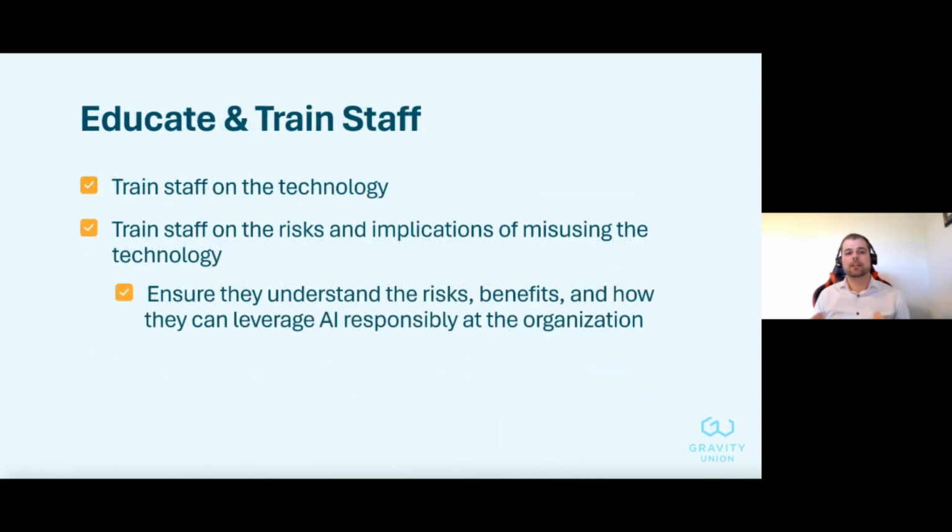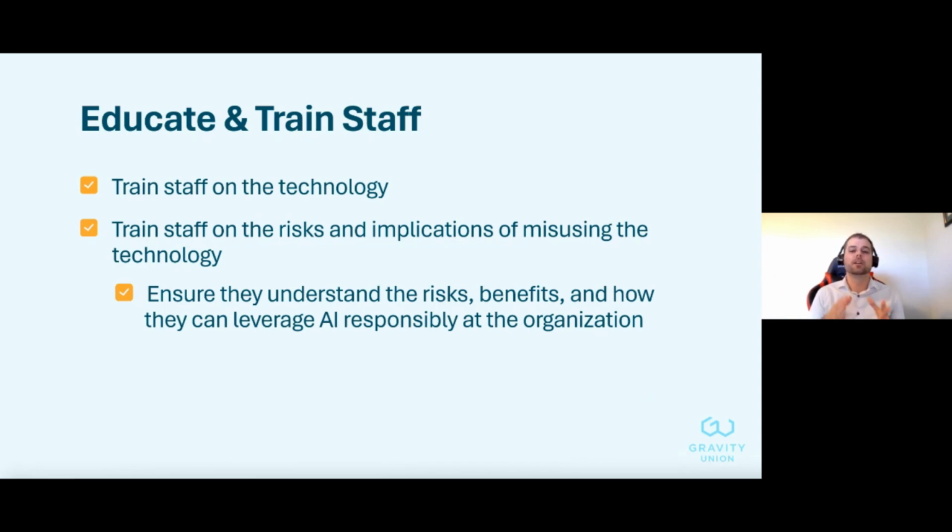Which brings us to one of the most important pieces. All of this is great, but if you're not communicating to your staff, if you're not educating them on these risks, on the implications of misusing the technology, if you're not training them, they're not going to follow what's there. They're not going to understand that, hey, I just put some business information into ChatGPT and now maybe I've exposed and breached an NDA or contract.